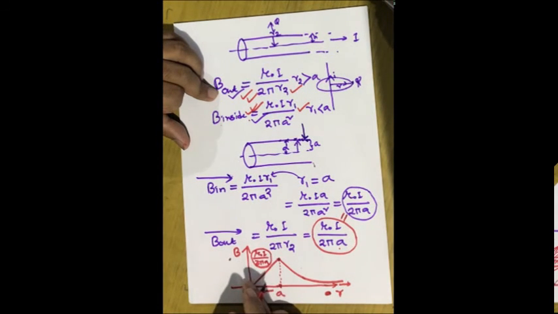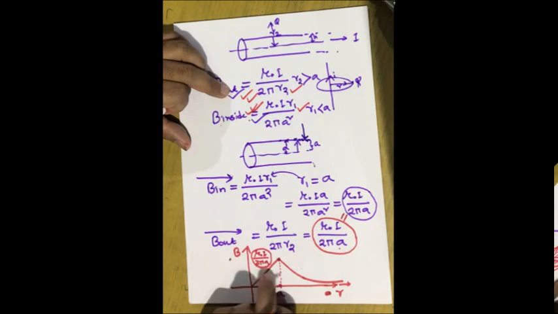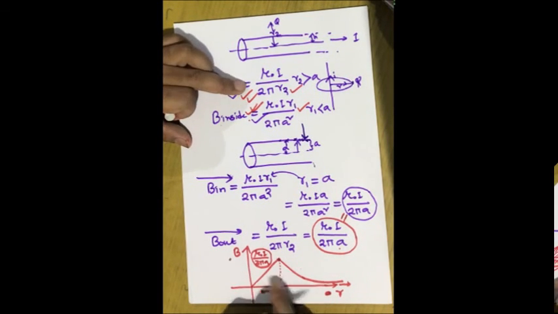But this decreases much sharper than this decrease, because as r tends to infinity, it tends to 0. And here, if we approach from the center of the axis towards the surface, there is a linear increase, so there will also be a linear decrease if we move in the opposite direction.